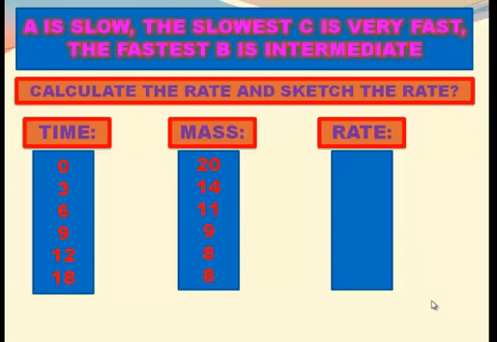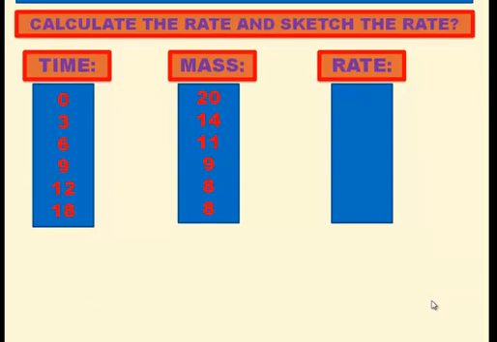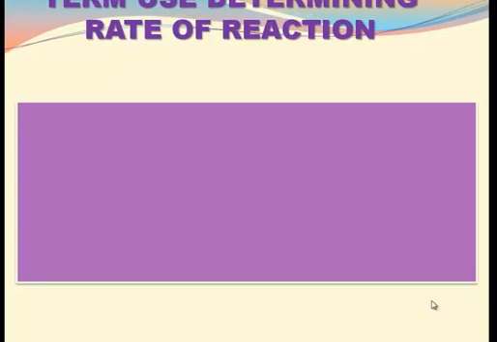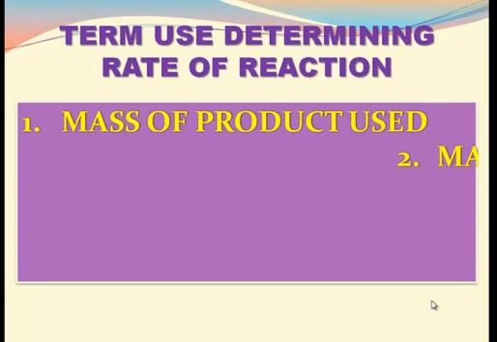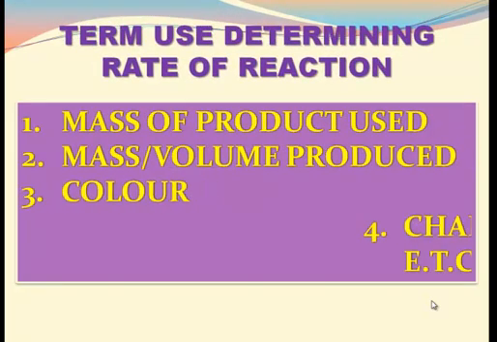So if you look at the time for 3 minutes, 6 minutes, 9 minutes, 12 minutes, and 18 minutes, and you look at the mass that is left, we can easily calculate the rate of chemical reaction. We have terms used in determining the rate of chemical reaction.